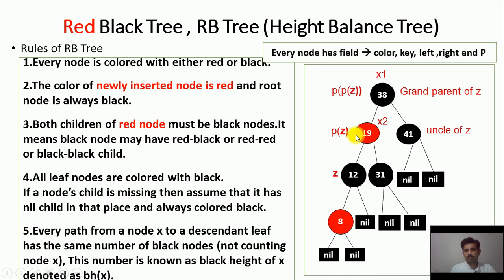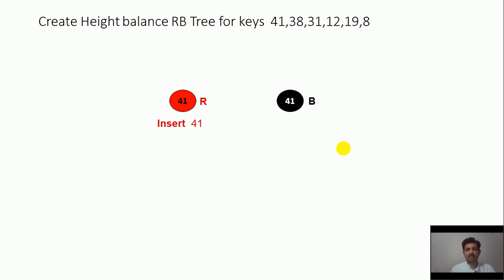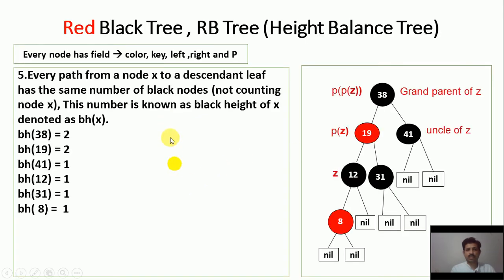Then if we choose from node number 19 to its descendant, to the last leaf node, 19, 12, 8, and nil, there are two black nodes, 12 and nil. So there are several paths from any node to its descendant leaf nodes, and in every path we will get the same number of black nodes. That is the black height property of node X in red black tree.